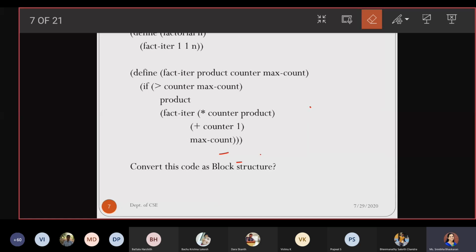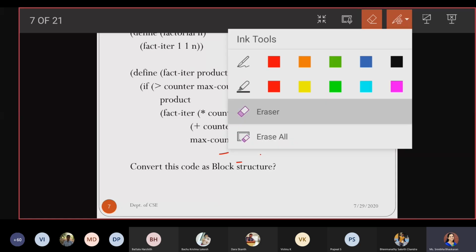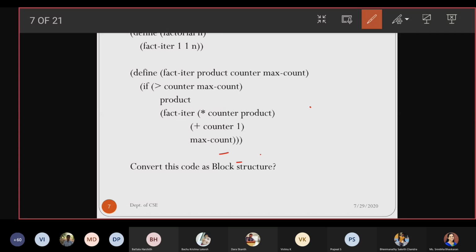So here, when we are saying lexical scoping, what we are saying is, whether you want all the variables. That means if you can reduce the number of variables, when you are calling your procedure, the number of values you are supposed to pass can be reduced. So how can we reduce it?